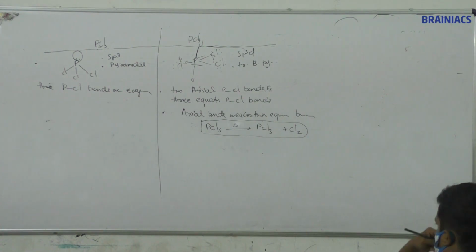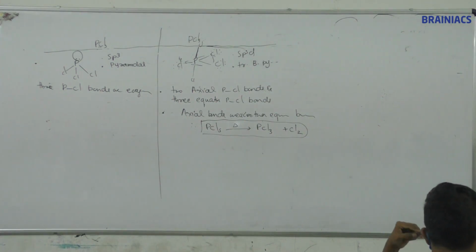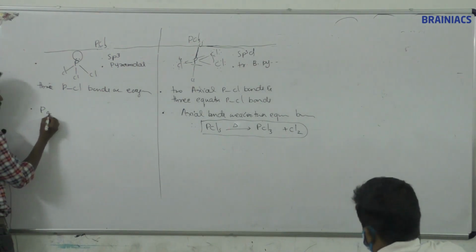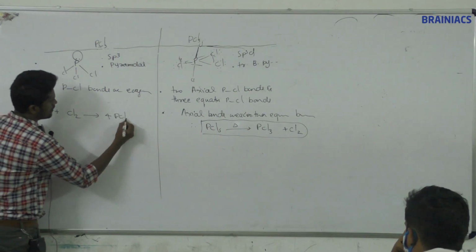PCl5 and PCl3. So PCl3 is formed: P4 plus 6 Cl2 gives 4 PCl3.